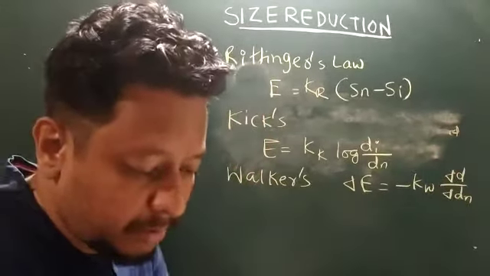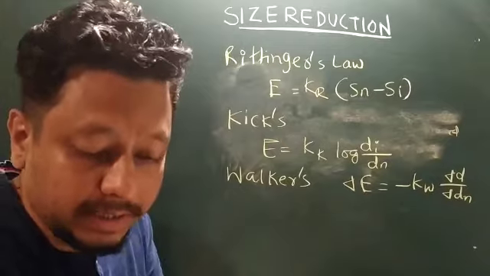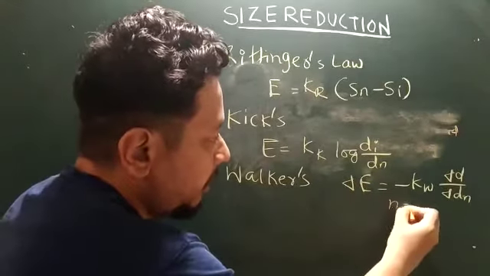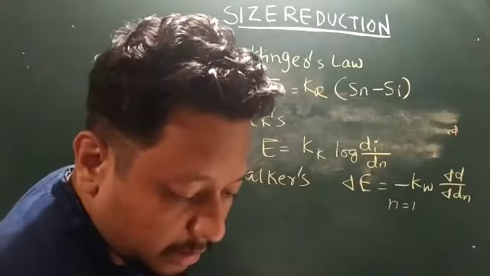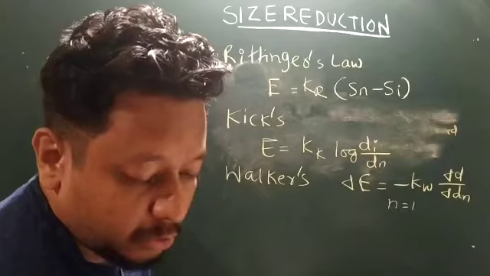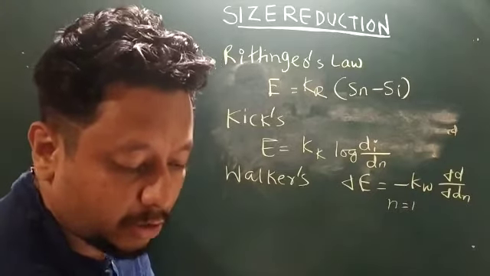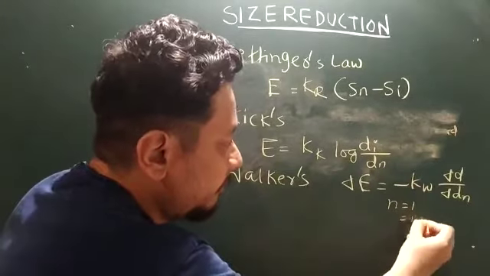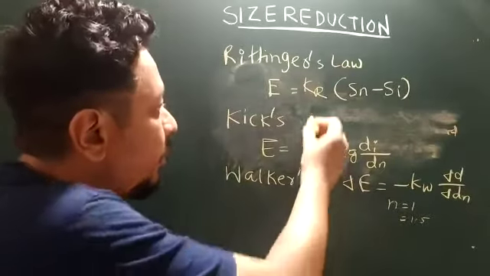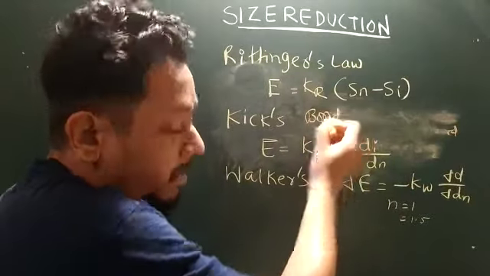So normally it is a link between Rittinger's and Kick's law. Now if n is equal to 1, then Walker's becomes Kick's law. If n is equal to 2, Walker's becomes Rittinger's law. If n is equal to 1.5, it is neither Kick's nor Rittinger's law, it is Bond's law, or Bond's theory.